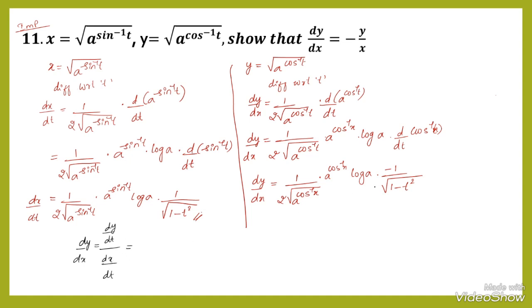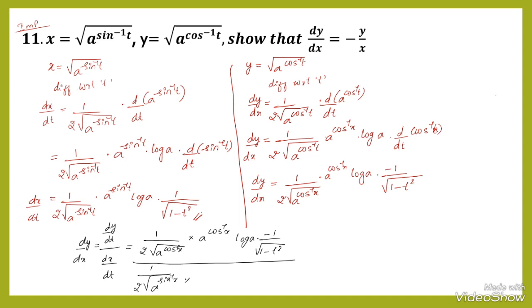Now I can substitute the values here: 1 divided by 2 into root of a to the power cos inverse of t into a to the power cos inverse of t log a into minus 1 over root of 1 minus t square, divided by 1 by 2 root of a to the power sine inverse of t into a to the power sine inverse of t log a into 1 divided by root of 1 minus t square.